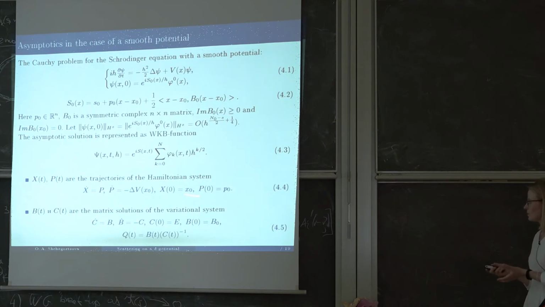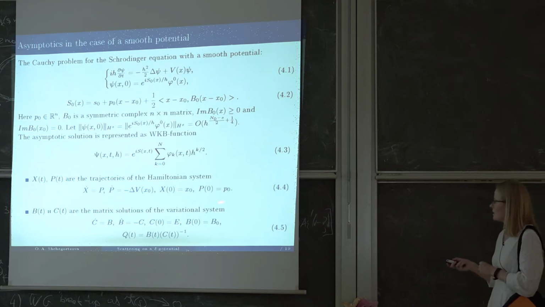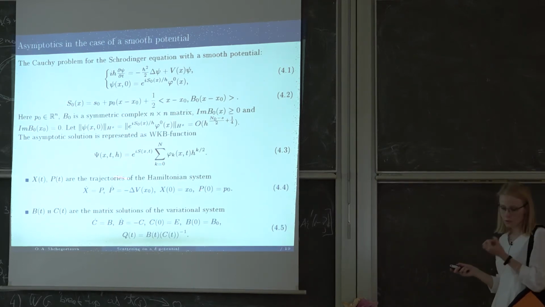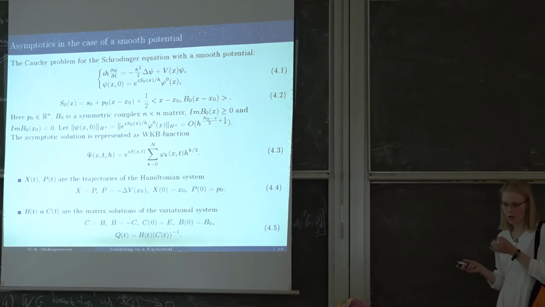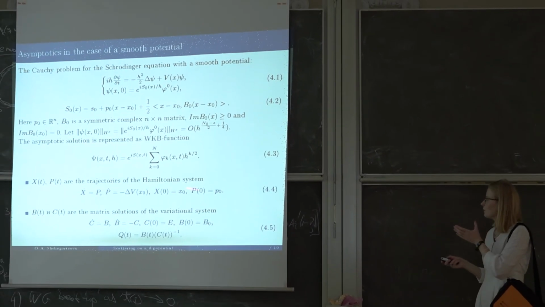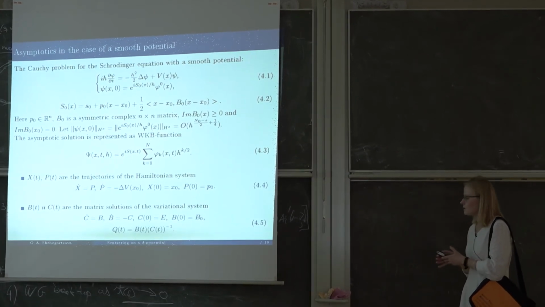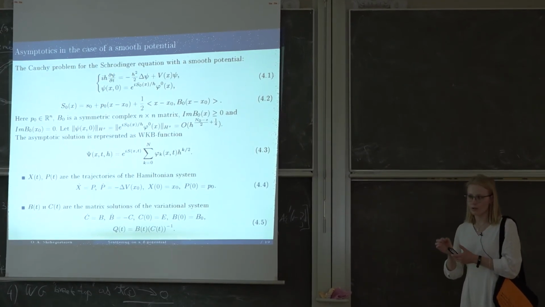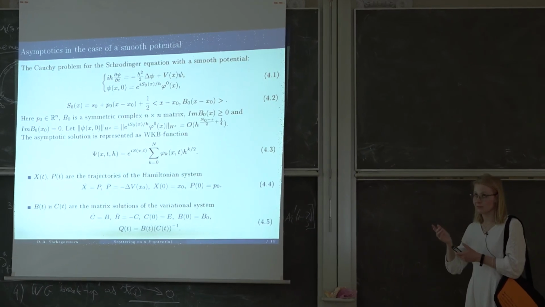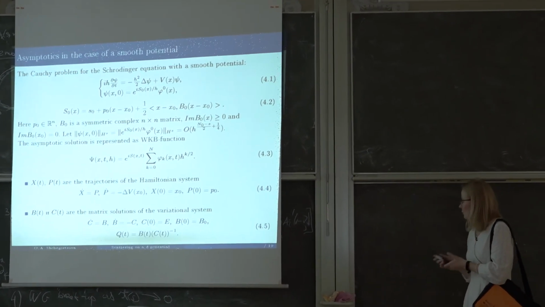It's important that the initial data for these trajectories is localized at only one point in the phase space, so the initial Lagrangian manifold is only one point in the phase space.